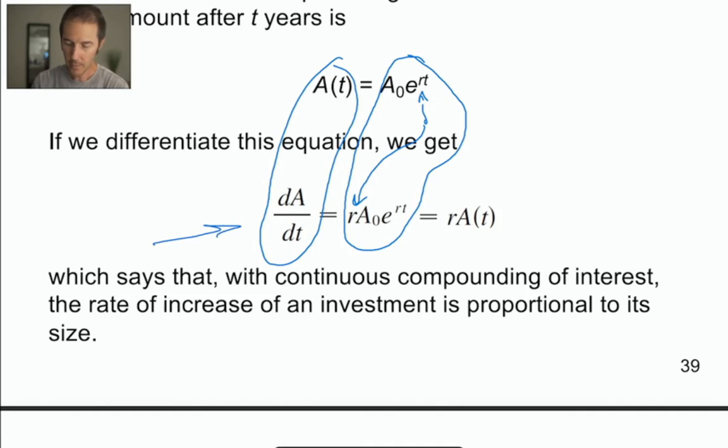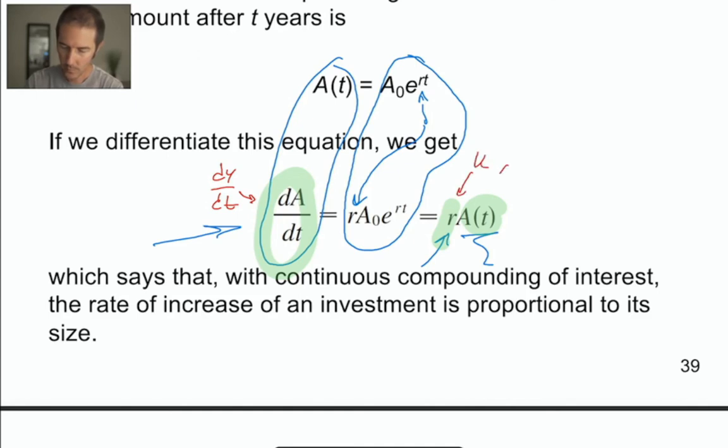A prime equals k times A. We previously saw this as dy/dt equals k times y. So it takes on that same format.